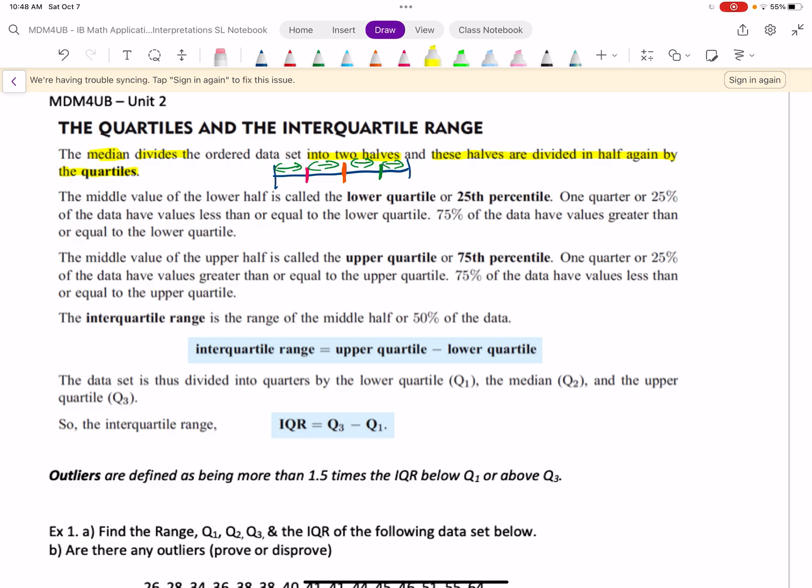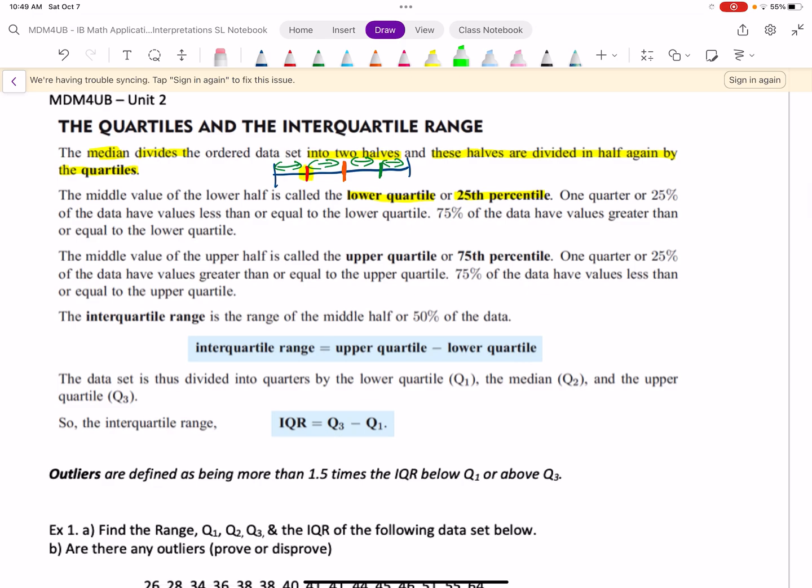So the middle of the lower half is called the lower quartile. That's this guy, or the 25th percentile. We'll talk about percentiles in a minute, but it really means that 25% of all the data fall below that number. So one quarter, or 25%, of the values are less than or equal to the lower quartile.